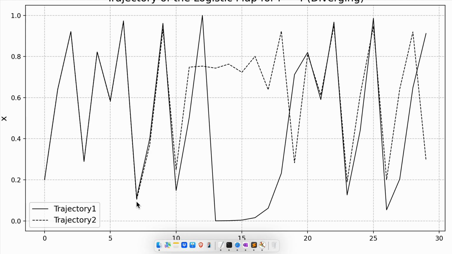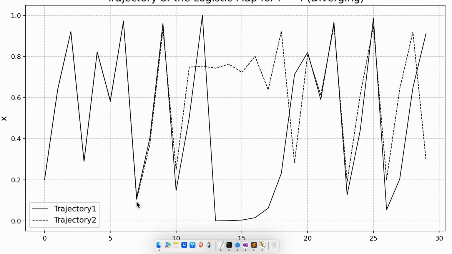Until 8 iterations they remain very close, and after 10 iterations they start to deviate from each other, and after some time these two initial conditions deviate much more. So if we start nearer to the initial condition, it stays closer for a longer time, then it diverges. Here you can only predict safely for n equal to 8, meaning for 8 time periods.